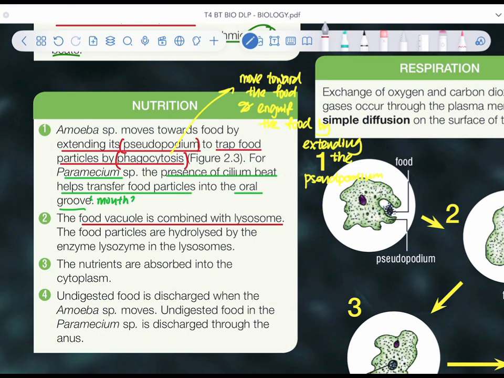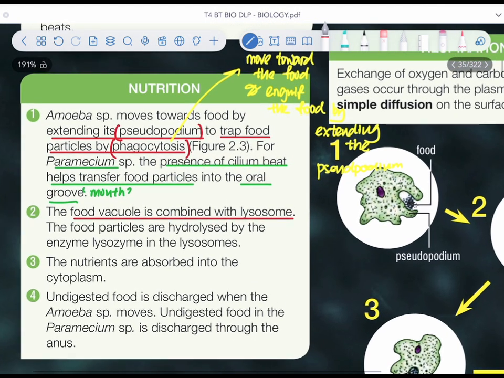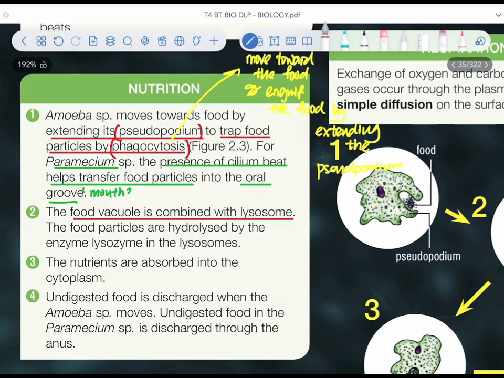So this process you need to study well, because it is possible for it to come out in the structural questions. For example, the question may ask, please describe or illustrate how the amoeba species obtains the food particles and digests. So the second step is the food vacuole combines with lysosome.